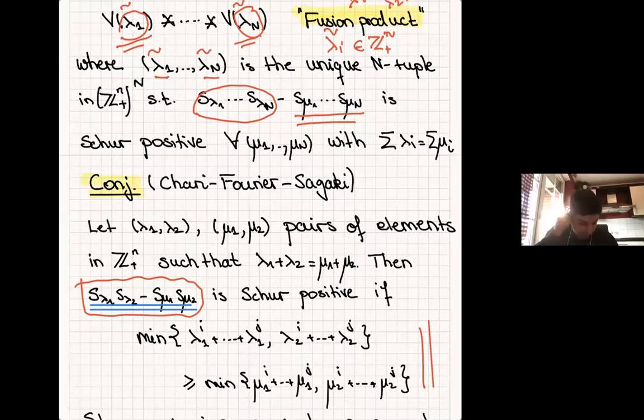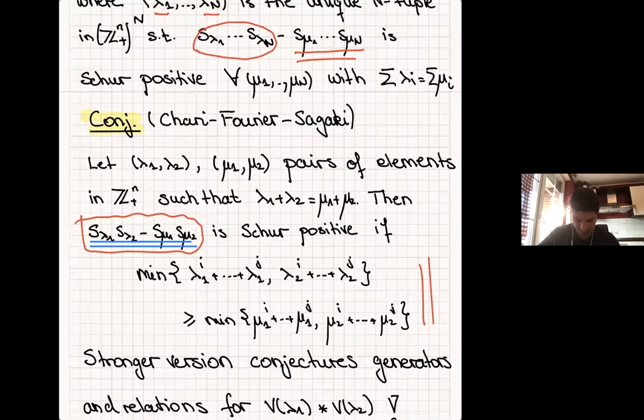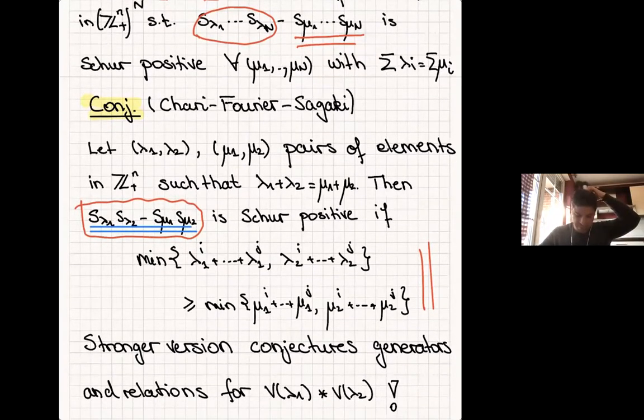Okay, so this is the conjecture of Chari, Fourier, and Zagaki, but there's a stronger version of this conjecture, which conjectures generators and relations for V lambda 1 star V lambda 2.